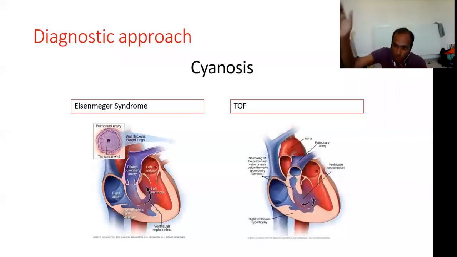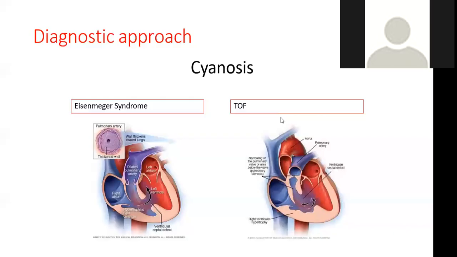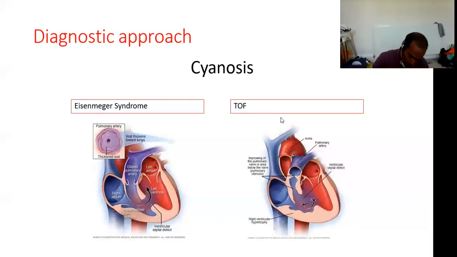As you know, usually the shunting is left to right because of the pressure difference. But with time, the pulmonary pressure starts building up, and the right heart pressure goes up, and the shunt starts reversing. Starts going from right to left. And now you get a mixture of oxygenated blood with the deoxygenated blood.